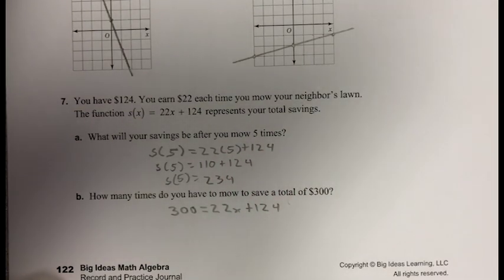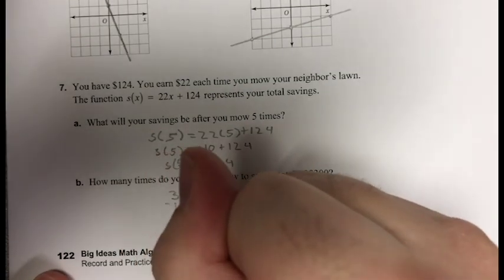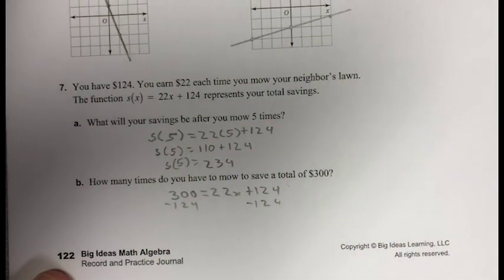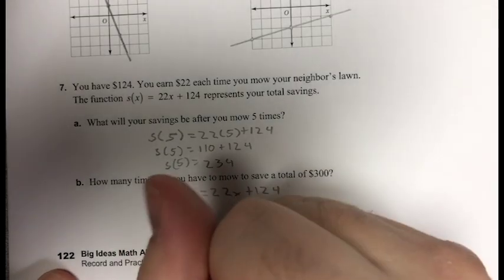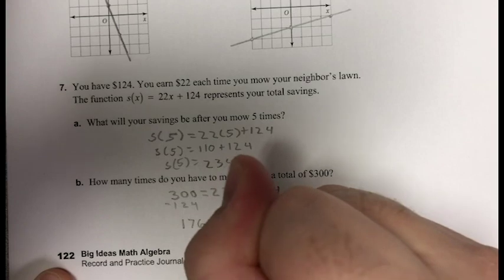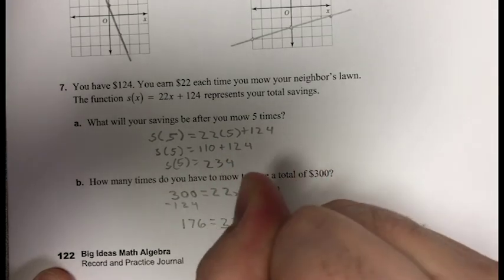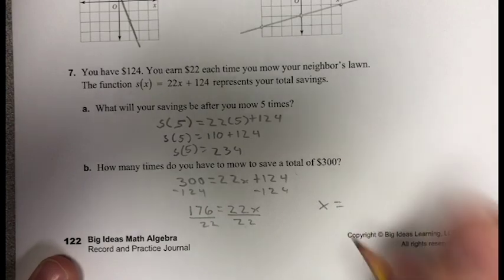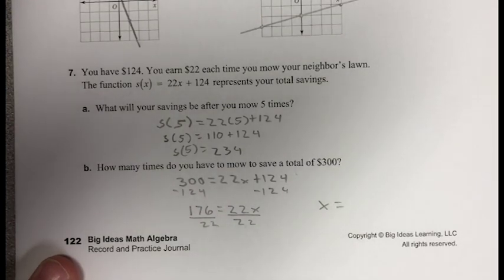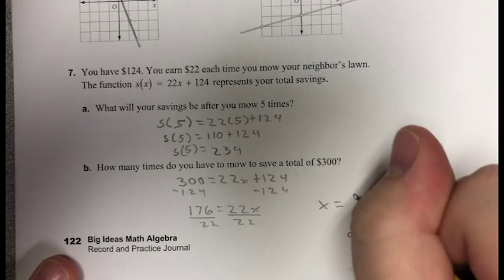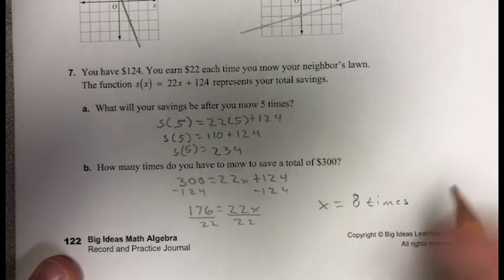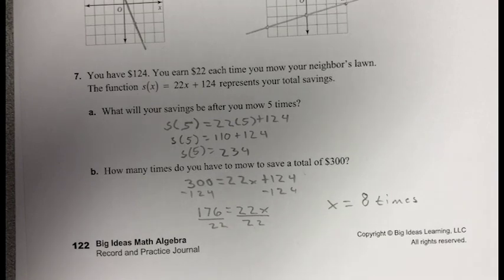So we subtract 124 from both sides, and we get that 300 minus 124 is equal to 176, is equal to 22x. Divide by 22 on both sides, and we find out that x is equal to 8. So you have to mow 8 times in order to get a total of $300.